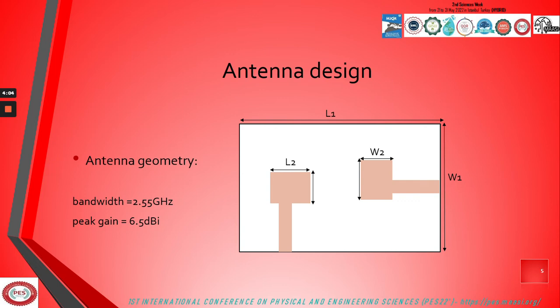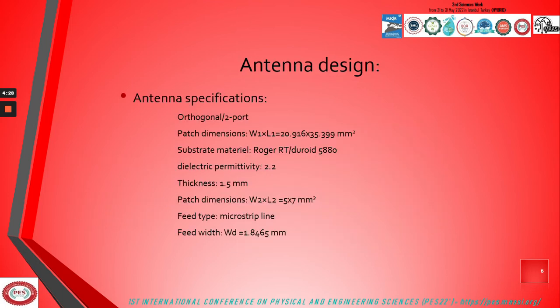The proposed antenna covers the band from 24.29 GHz to 26.84 GHz. It's a band that's been commercialized since 2020 in Europe. The bandwidth of the antenna is 2.55 GHz and its peak gain is 6.5 dBi, which are largely sufficient for the use in 5G applications.